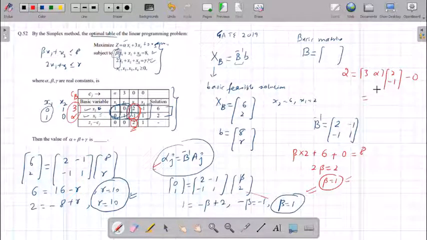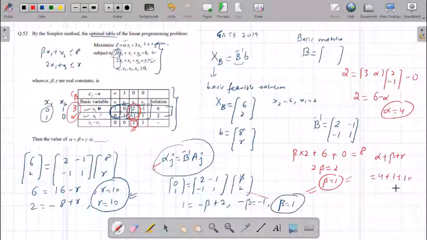So now if you write this, this is 6 minus alpha. So this gives me alpha is equal to 4. So I get alpha, beta and gamma. So the answer is alpha plus beta plus gamma: 4 plus 1 plus 10 is 15, which is the answer to this question.